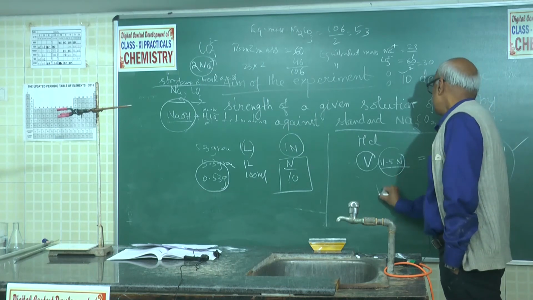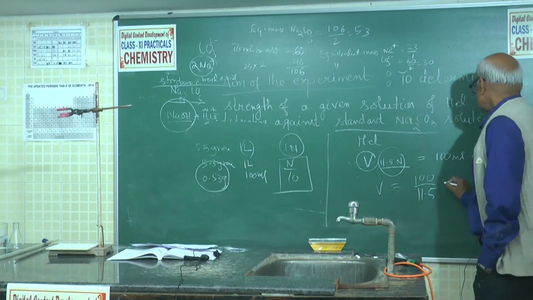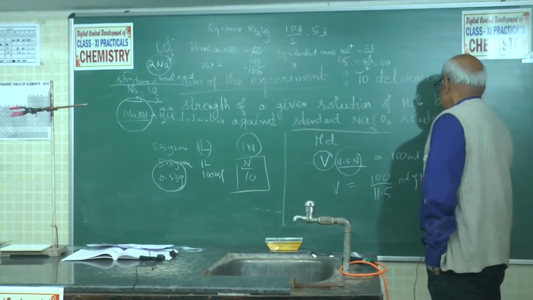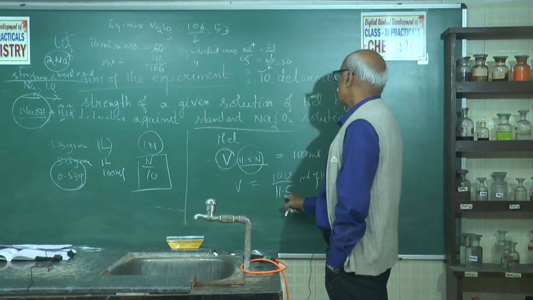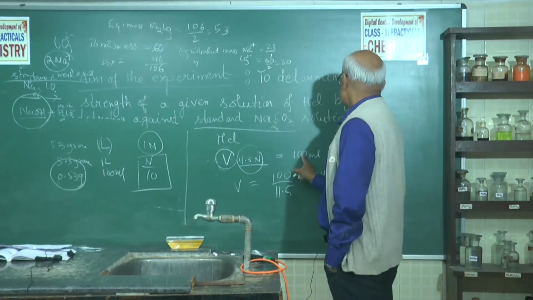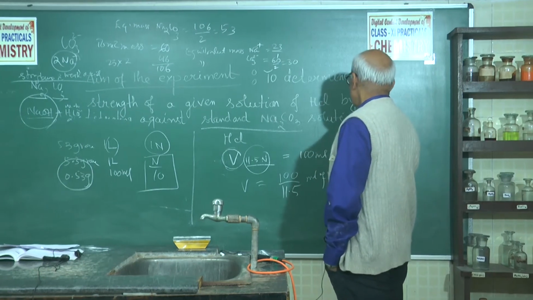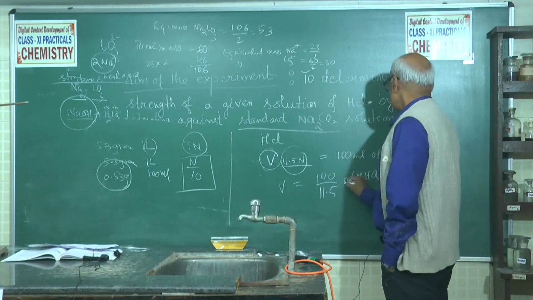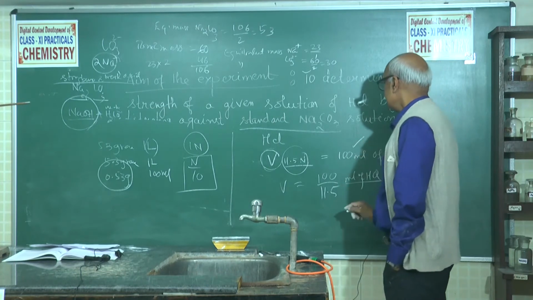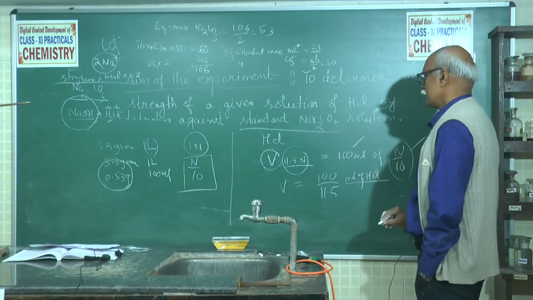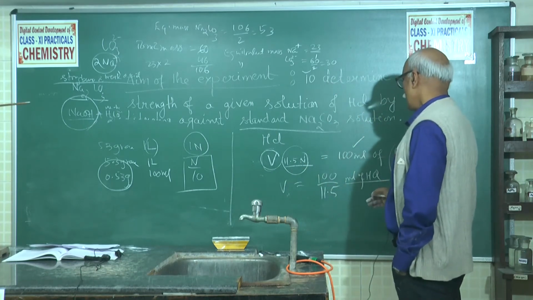So your V will be equal to 100 by 11.5 milliliter of hydrochloric acid. 100 milliliter of N by 10 divided by 11.5. That means you have to take this and make your solution up to 100 milliliter, then you will be getting your N by 10 solution.